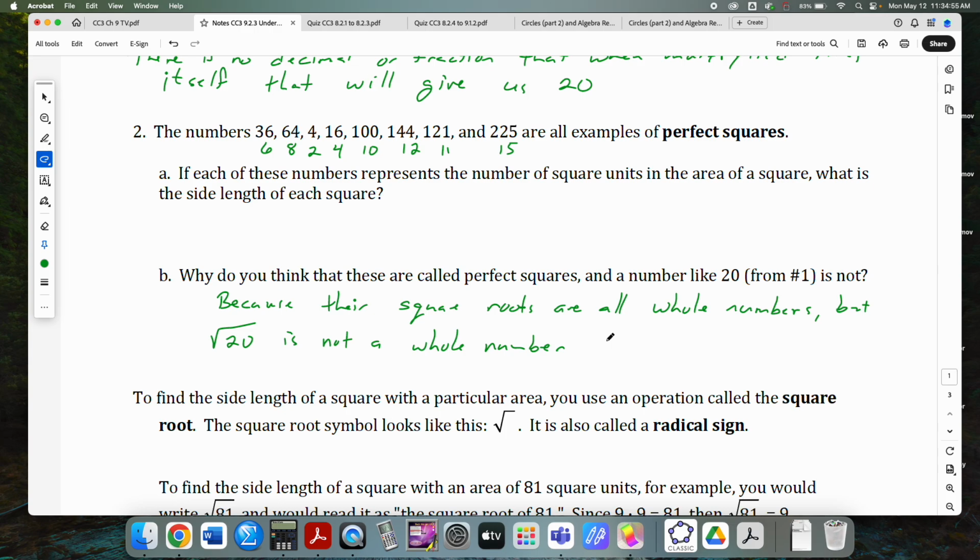In fact, the square root of 20 is what's called an irrational number. That doesn't mean it's crazy, okay? But it does mean that there is no whole number or fraction or decimal that is exactly equal to the square root of 20.